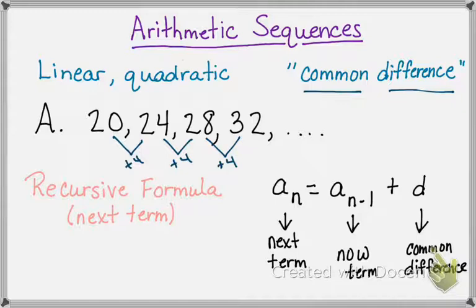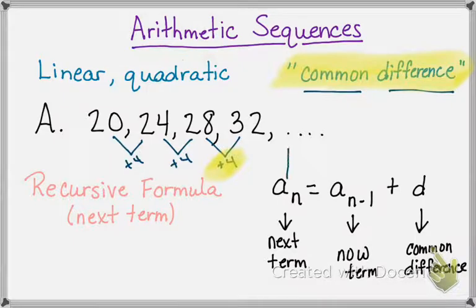So we're going to look for first the common difference, which we just found is 4. So first we've got to look at what our formula looks like. This is a with a little n subscript. We say a sub n equals a sub n minus 1 plus d. a sub n means what is the next term I'm looking for.